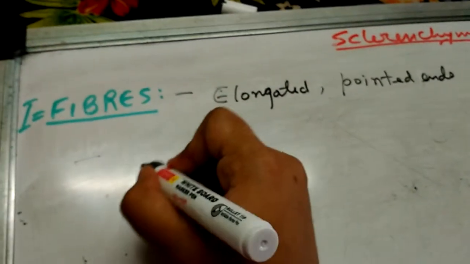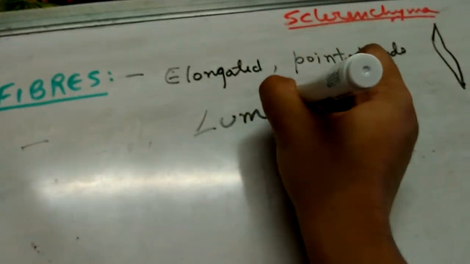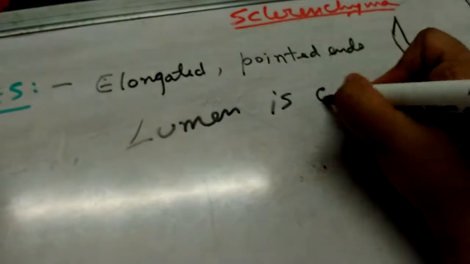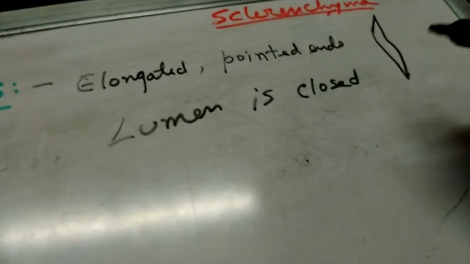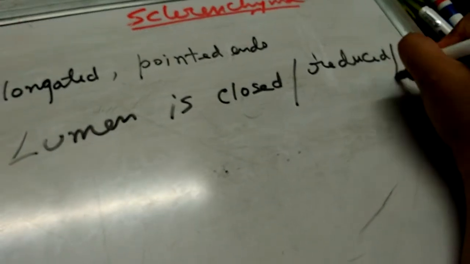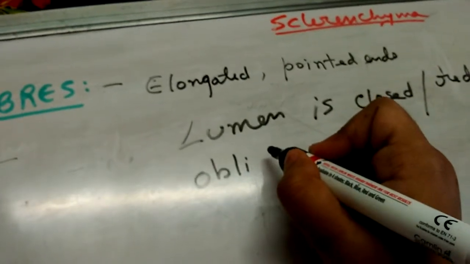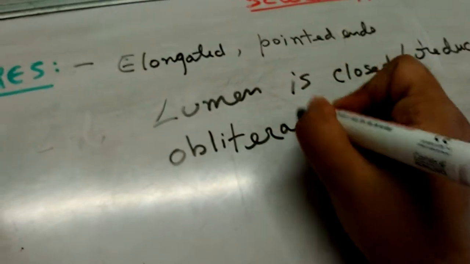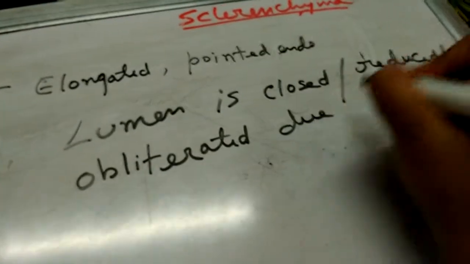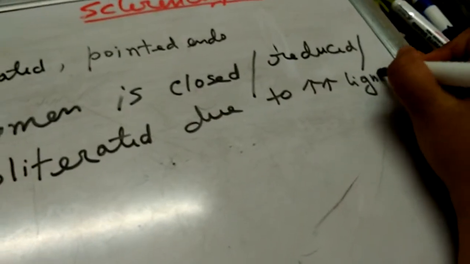So the lumen is closed or reduced or obliterated due to highly lignified walls.